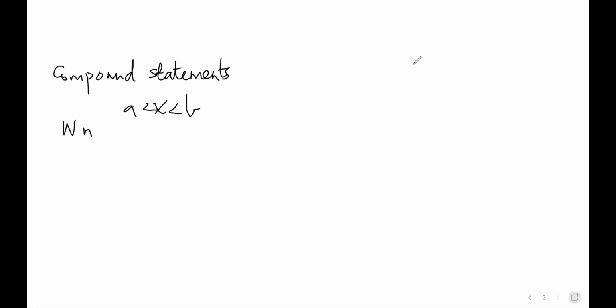So we can look at compound statements. So these are statements which can be combined to give you one statement of the form x is greater than a or less than b. Write the following.